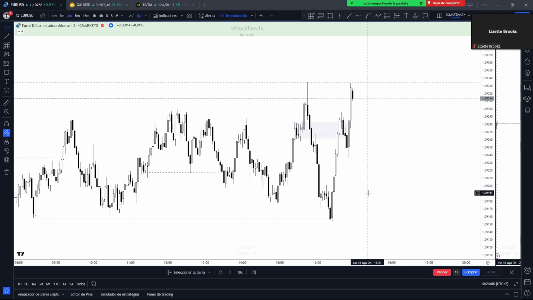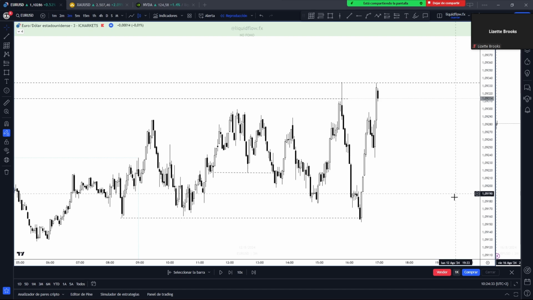So why didn't it go down? First, because they are not in the right direction, because they don't follow daily bias. They are not in the high probability trade. So that is a trade, yeah, for scalping, but it's not high probability.